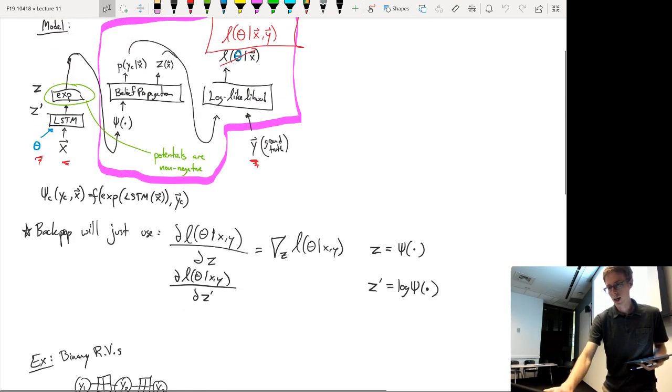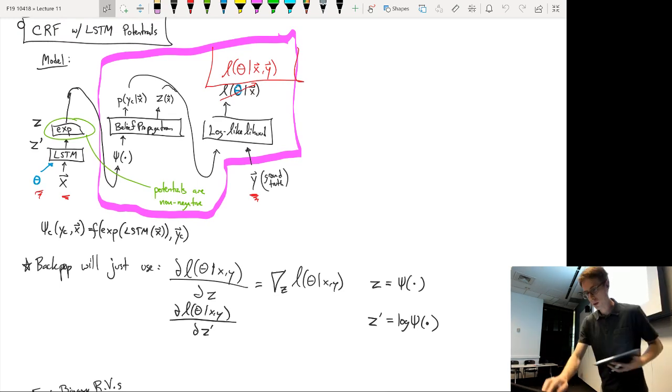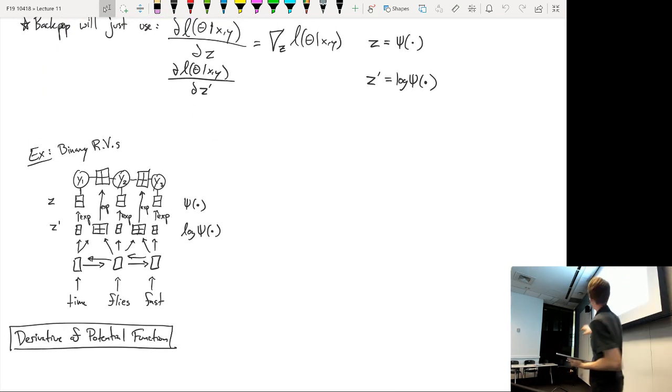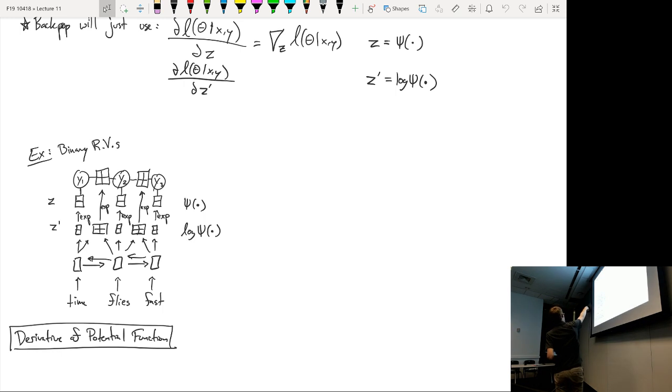So what the picture below here is showing, this example for binary random variables, is just showing how we could have some LSTM layer that is giving us back values that we can use for the factors.